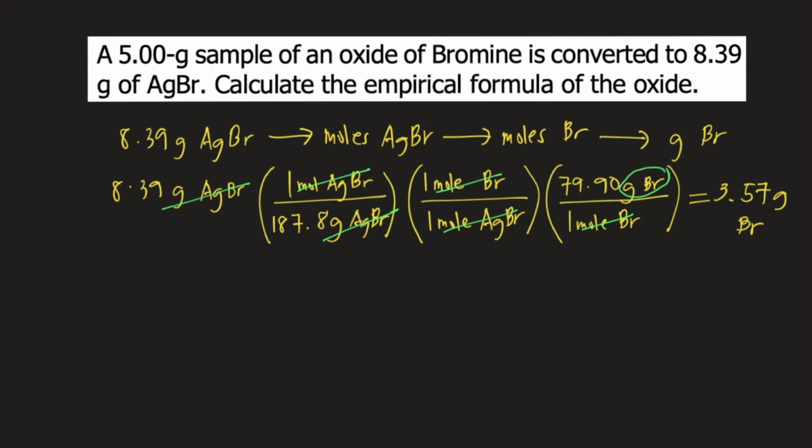So when you say oxide of bromine, the compound contains oxygen and bromine. So the mass of compound is equal to mass of bromine plus mass of oxygen. So the mass of the compound is given, that is equal to 5.00 grams.